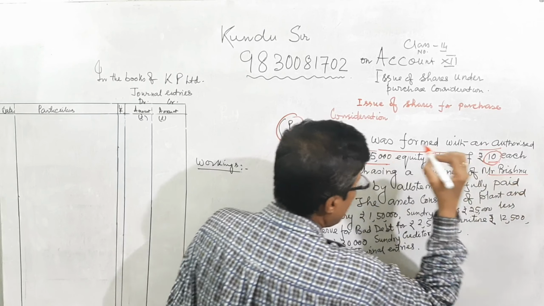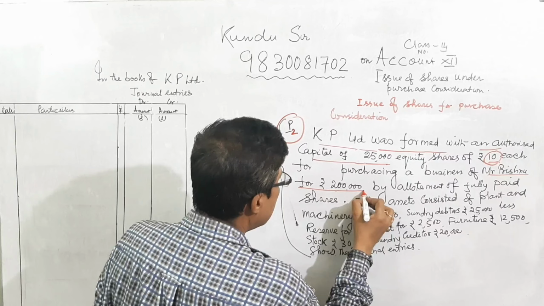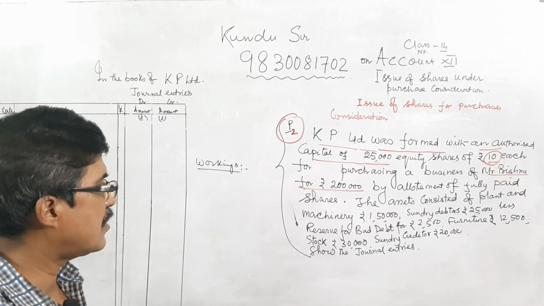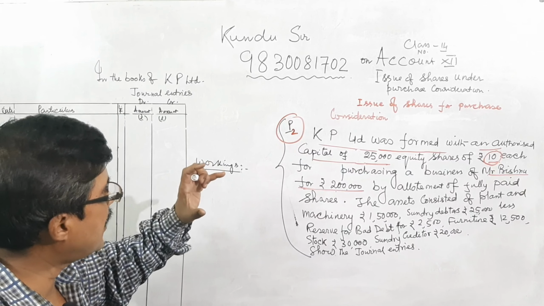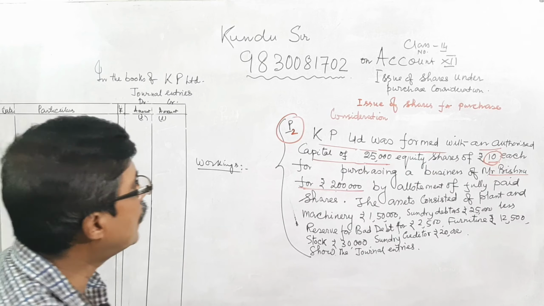and they are utilizing these shares for purchasing a business of Mr. Vishnu for rupees 2 lakh. That is purchase consideration, that means asset minus liability equal to this.